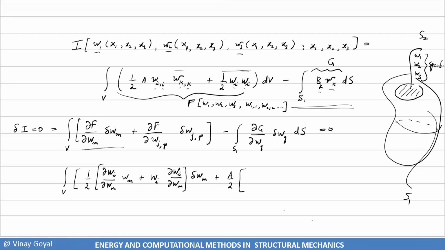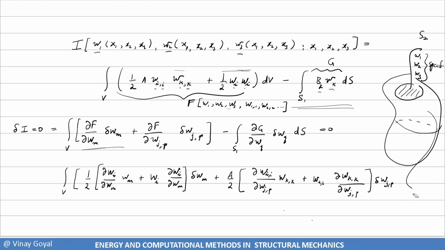And then get the derivative of Wi comma i with respect to Wj comma p times Wk comma k, plus Wi comma i, the derivative of Wk comma k with respect to Wj comma p, and then del Wj comma p.